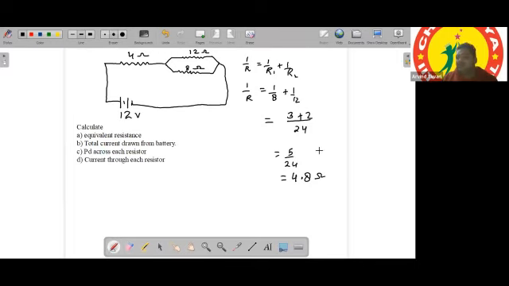So that is the most common error. You have to write it completely. At each step, write here 1 by R, write here 1 by R. Or another alternative is you directly remember the formula Rp equals R1 into R2 divided by R1 plus R2. Either you remember this one also.